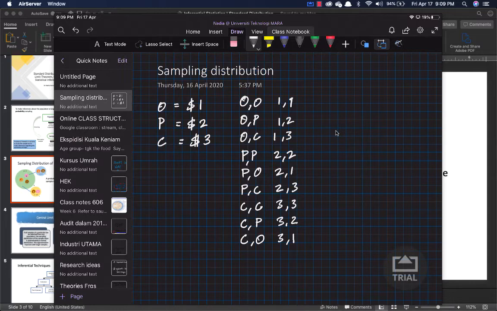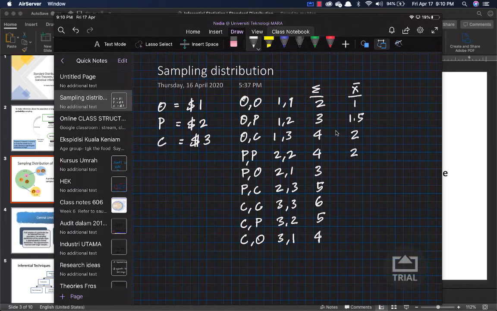So 1 and 1 is 2, then 3, then 4, 4, then 3, 5, 6, 5, and 4. And then you calculate the mean. So the means are 1, 1.5, 2, 1.5, 2, 2.5, 2, 2.5, and 3.